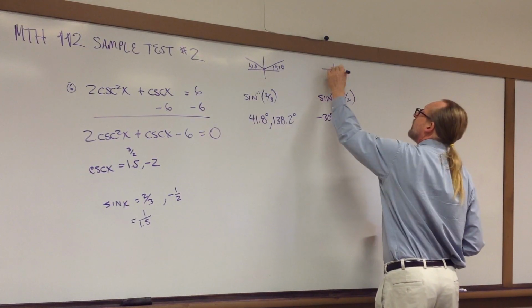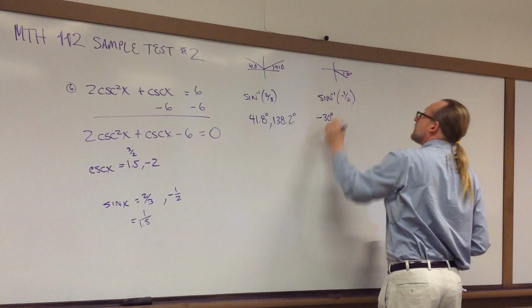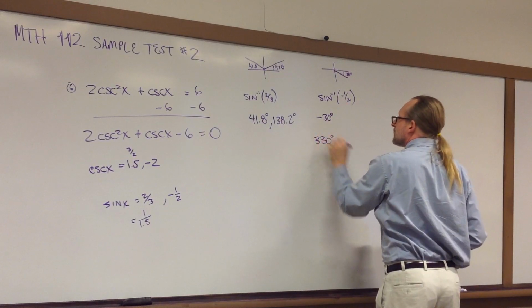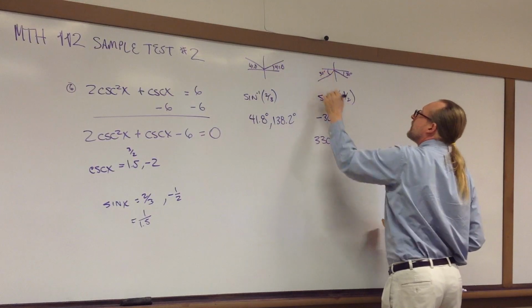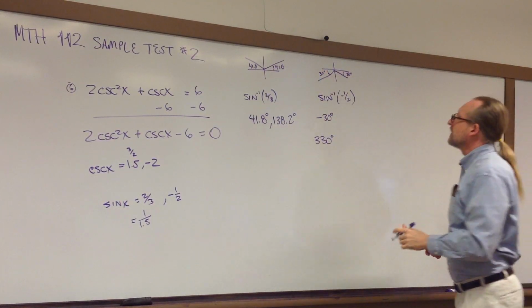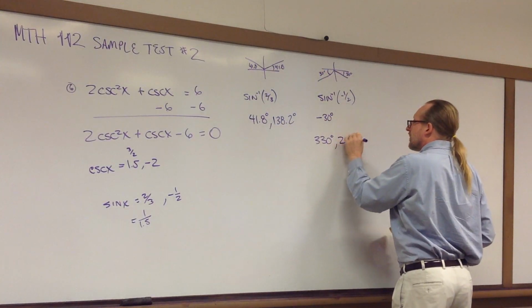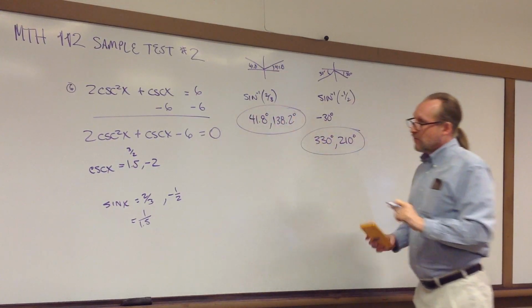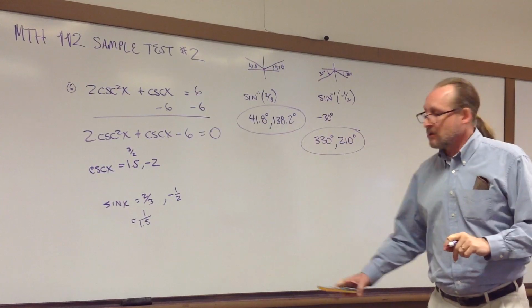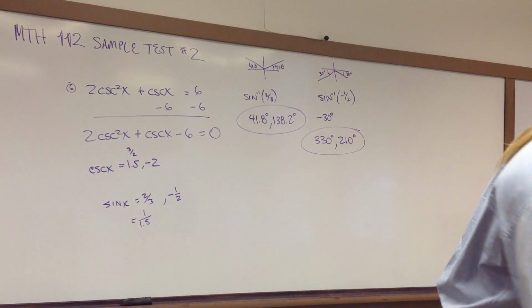So in the fourth quadrant, a reference angle of 30 degrees would give us a fourth quadrant angle of 330. And in the third quadrant, where the sine is also negative, that'll give us an angle of 210. So there's our 4 solutions for problem 6, clearly indicated.